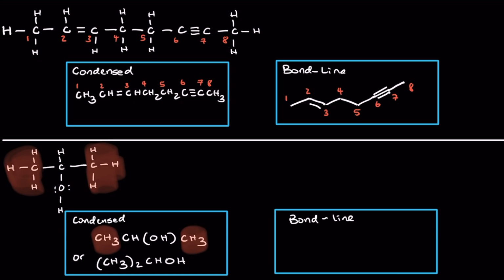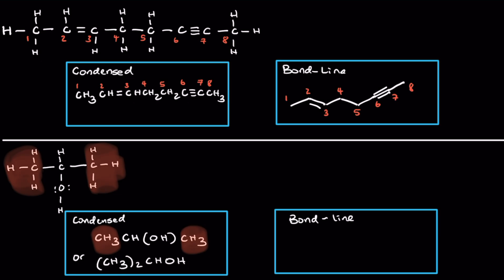So here's another example of a condensed formula, which would also be equally correct. So in this case, we are representing almost as if the carbon in the middle, the CH group, is sort of our only chain, and the two CH3 groups are sort of branching out of that middle carbon.